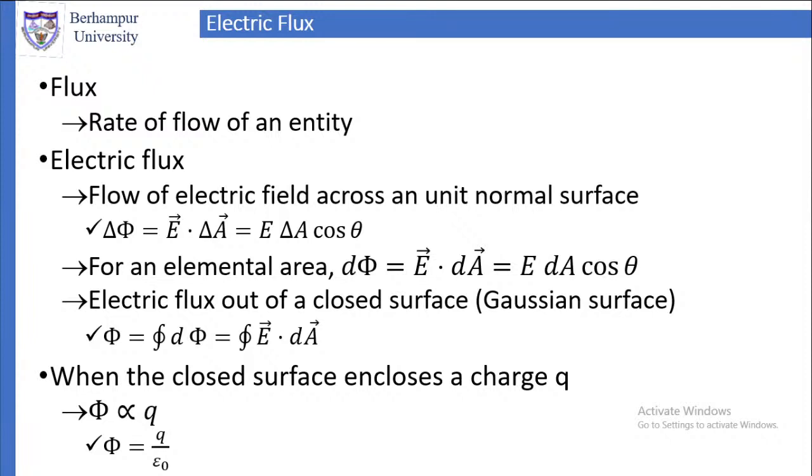So Q is equal to epsilon 0 phi, from which we can say phi is equal to Q upon epsilon 0. Epsilon 0, as you know, is called the permittivity of the free space or dielectric constant of the free space. So phi is equal to Q upon epsilon 0.